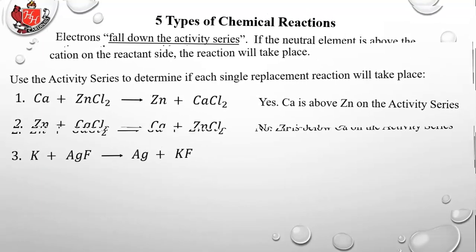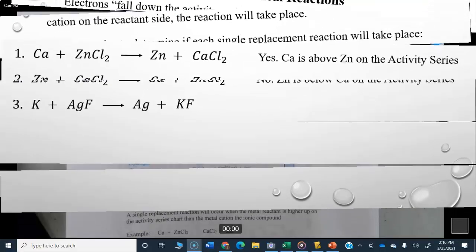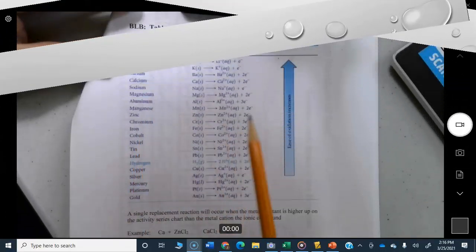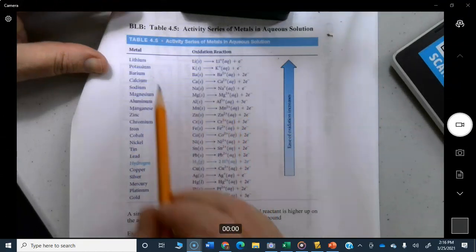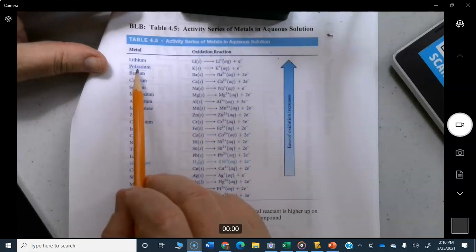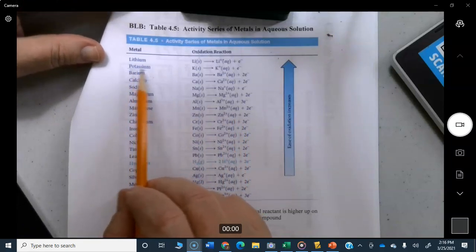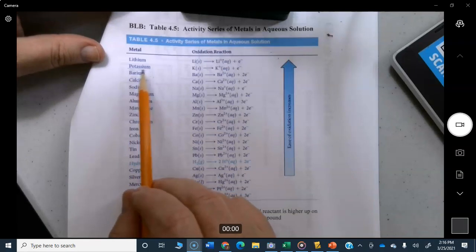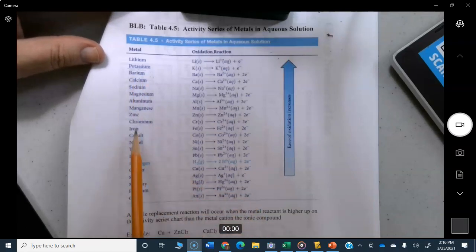Okay, so let's go and check that one. We find potassium, and potassium is right here. It's very high. That means it's very weak. It will easily give up electrons, and it won't do a very good job of pulling in electrons. Silver's way down here.